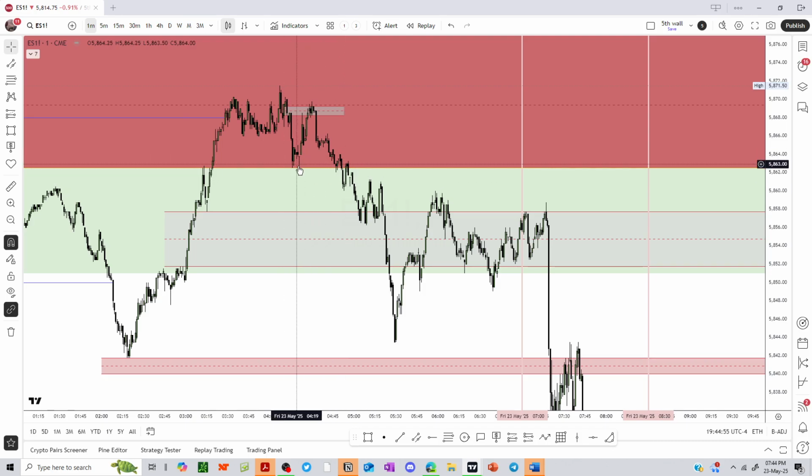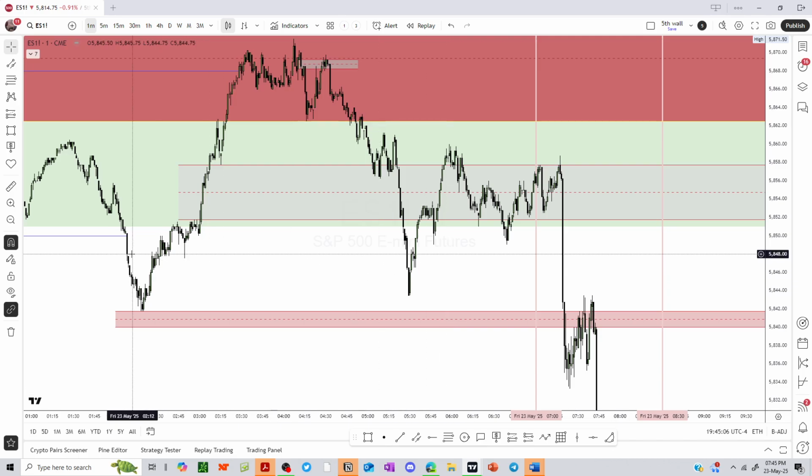Drop. Broke that. Retrace back up. And this bled out. Stopped here. Retrace. Consolidate it. Run on stops here. And then dropped.